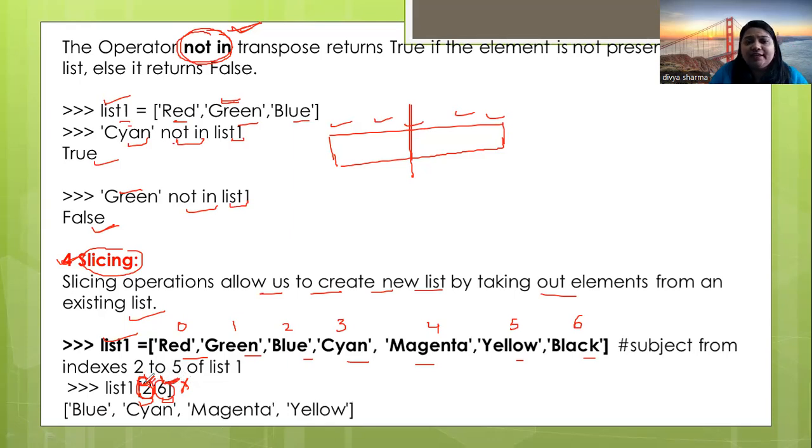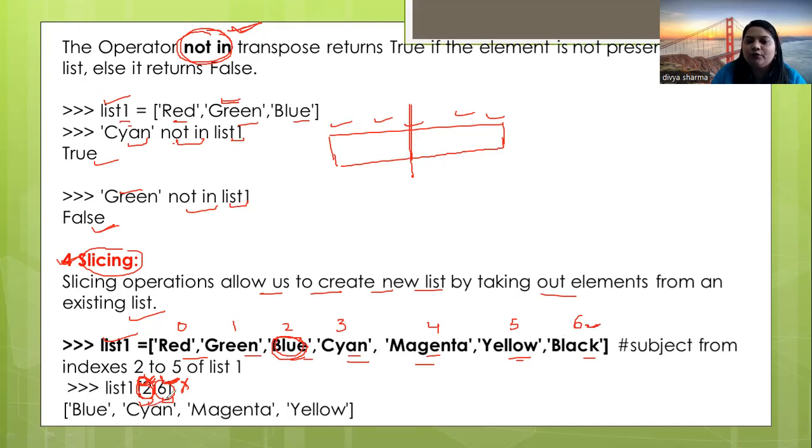Suppose the initial index value is 2, so 0, 1, 2. We will start from here: 2, 3, 4 and 5. We will not include the data element that is at 6. So we are going to include all the elements which are only before the index value of 6.